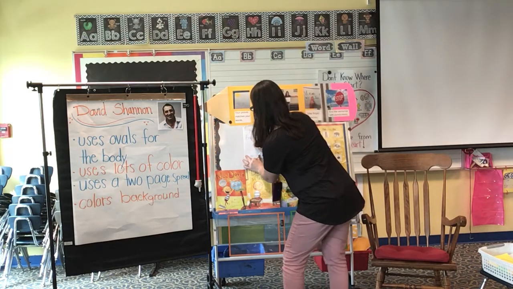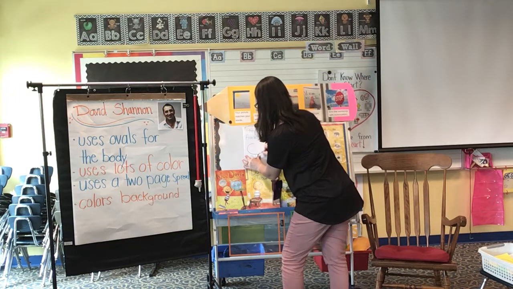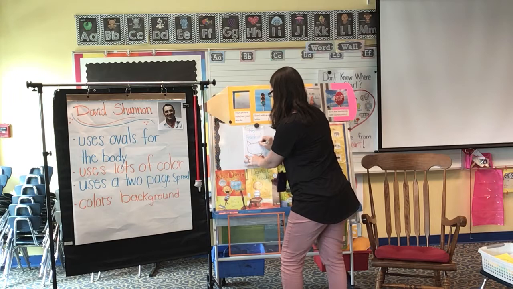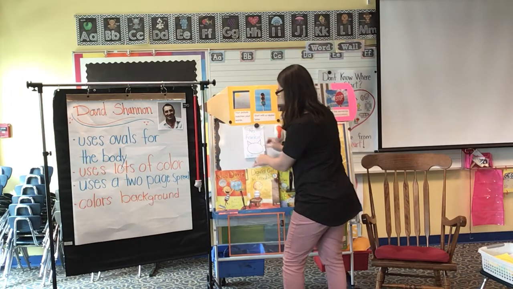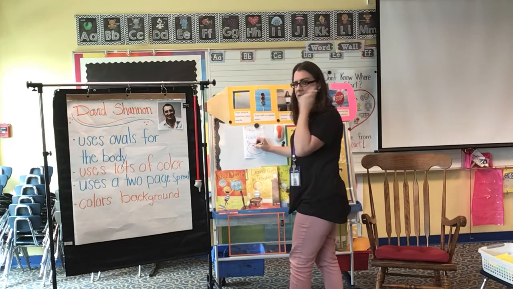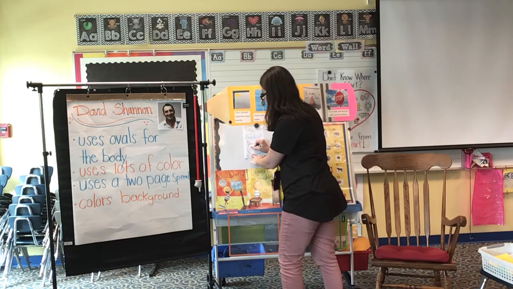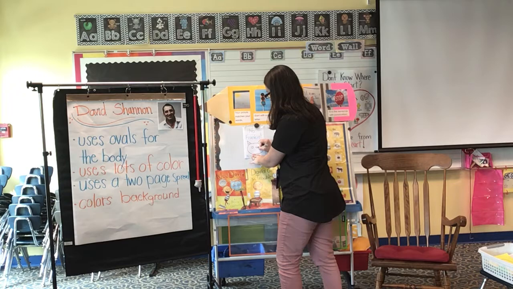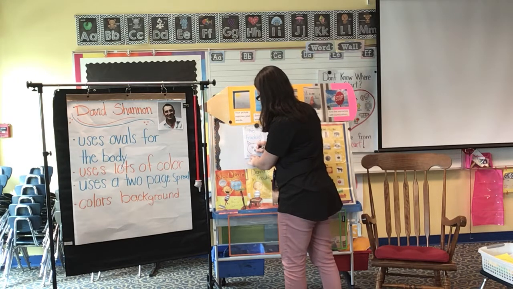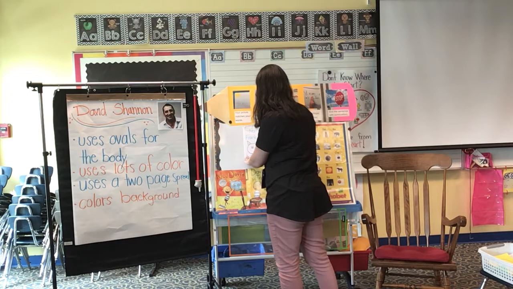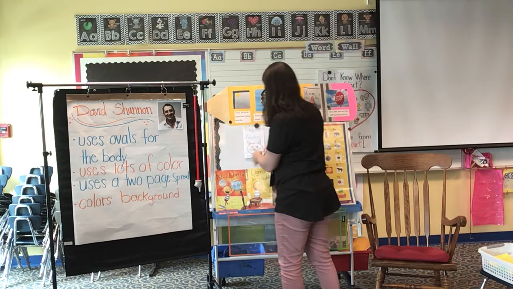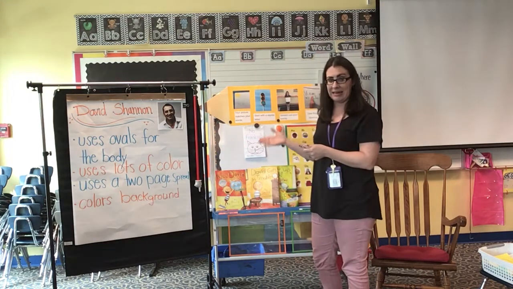So let me get her head on here. And I'm also going to use some shapes for her ears, because cat ears are kind of shaped like triangles. And what shape do you think I need for her eyes? An oval or a circle, I think, would work just fine. There's her nose, and I can't forget her whiskers. And now I just need to add the color.